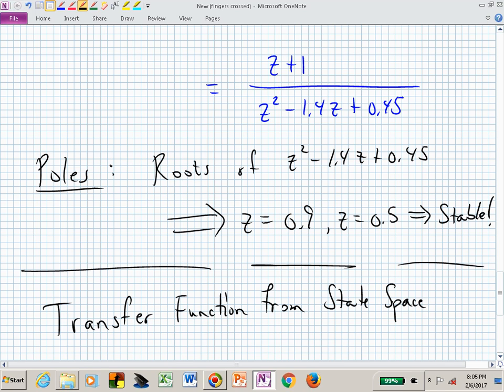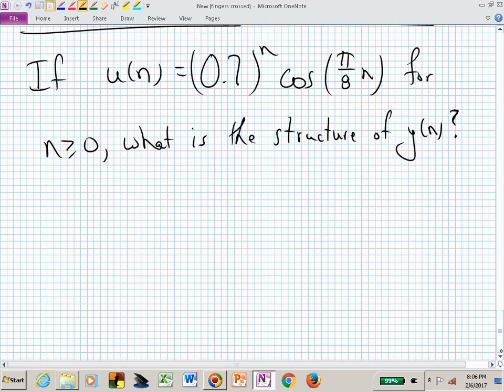Then we're also introducing some additional structure from the particular input, right? The particular input is this exponentially decaying sinusoid. So we put those two pieces together, and that gives us our structure of y of n. So if I'm asking for the structure, you want to find the homogeneous piece.